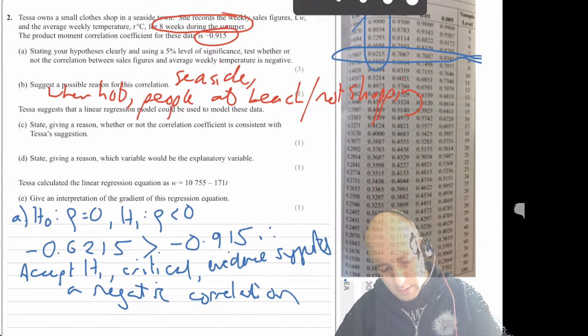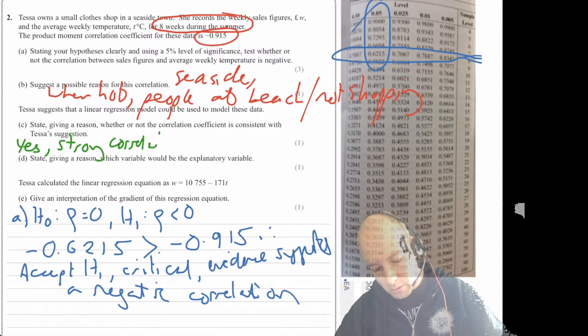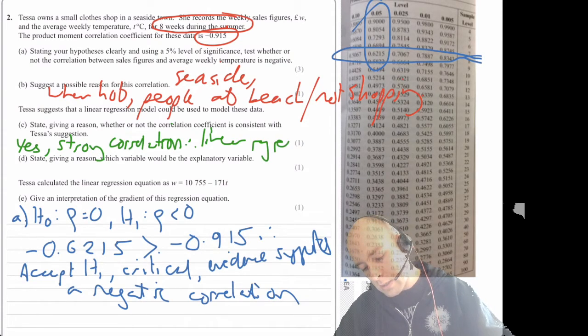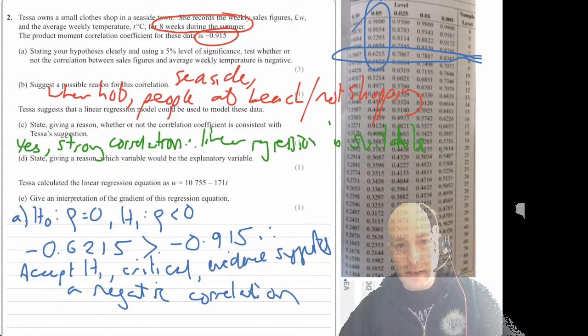So yes, strong correlation. Therefore, linear regression is suitable.